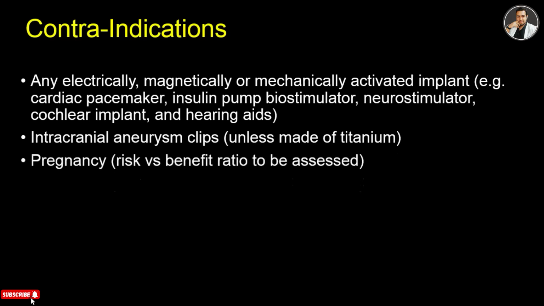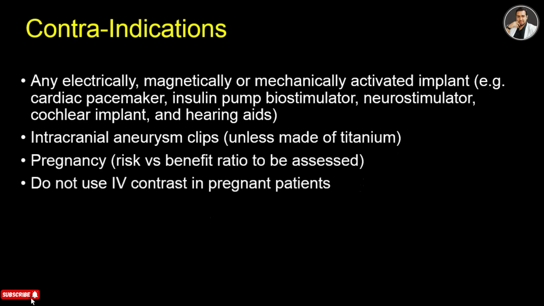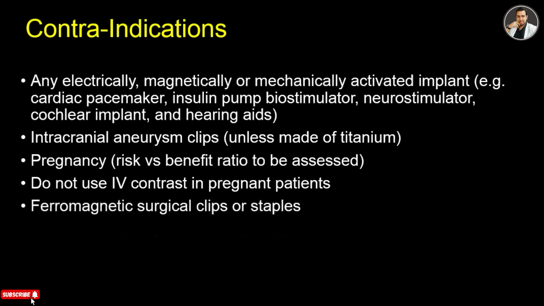And then pregnancy. The pregnant patients have to be assessed for risk and benefit, and do not use IV contrast in pregnant patients. So MRI urogram is sometimes done with IV contrast, but in case of a pregnant patient, it should be considered, and do not use IV contrast. And then ferromagnetic surgical clips or staples, unless made of titanium or any kind of MRI conditional metals.